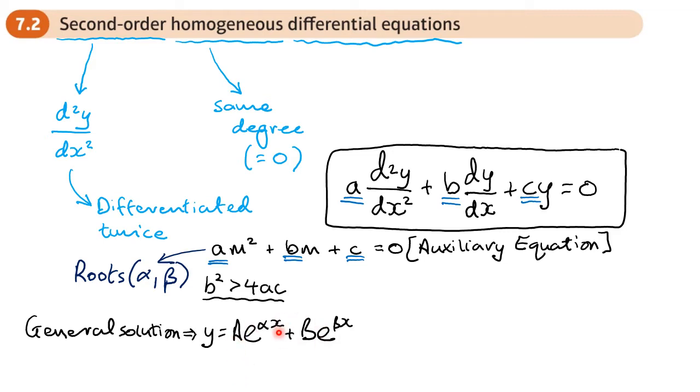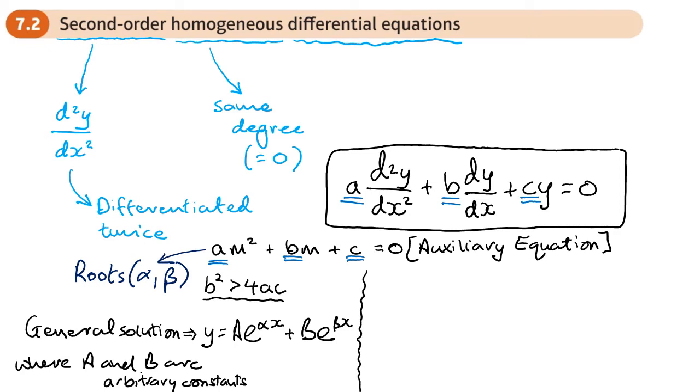The reason for 2 constants is that if you've differentiated something twice, when you integrate once you get a constant, then when you integrate again you get another constant. So this is the general solution. Finding the values of A and B would give us the particular solution.